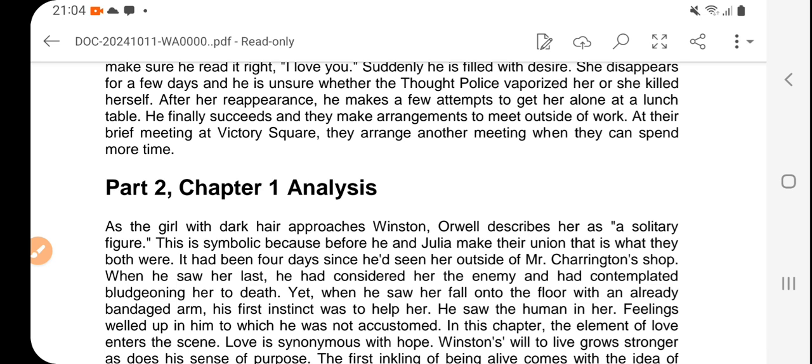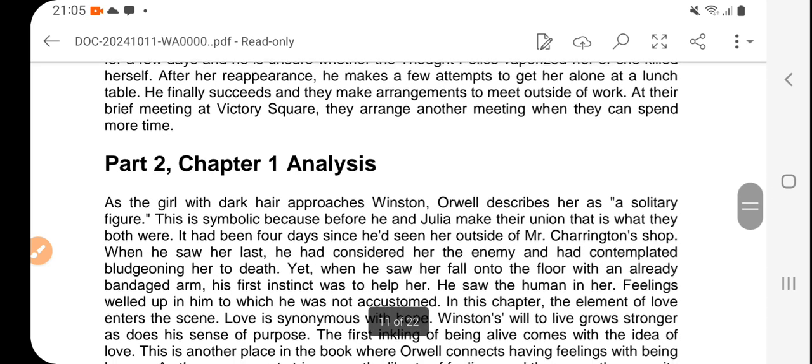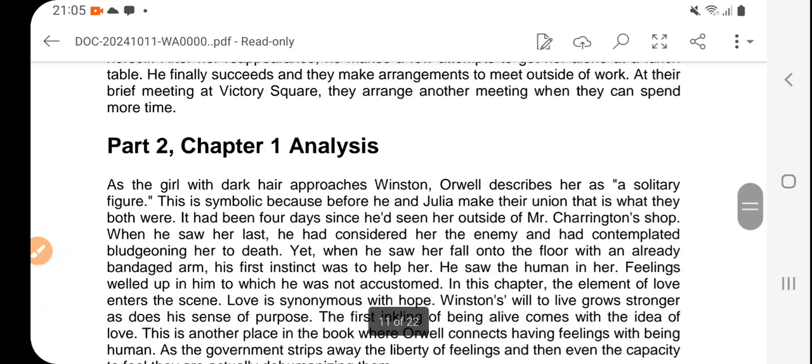He finally succeeds, and they make arrangements to meet outside of work. At their brief meeting at Victory Square, they arrange another meeting when they can spend more time.